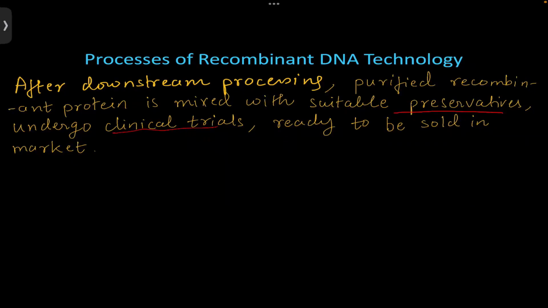And ultimately, if this product passes the clinical trial, meaning it proves that it is safe for human use, it will be approved by the concerned regulatory authority for sale in the market. Whoever is the manufacturer, any big company, will be able to sell this product in the market, and common people like you and me can go and buy.